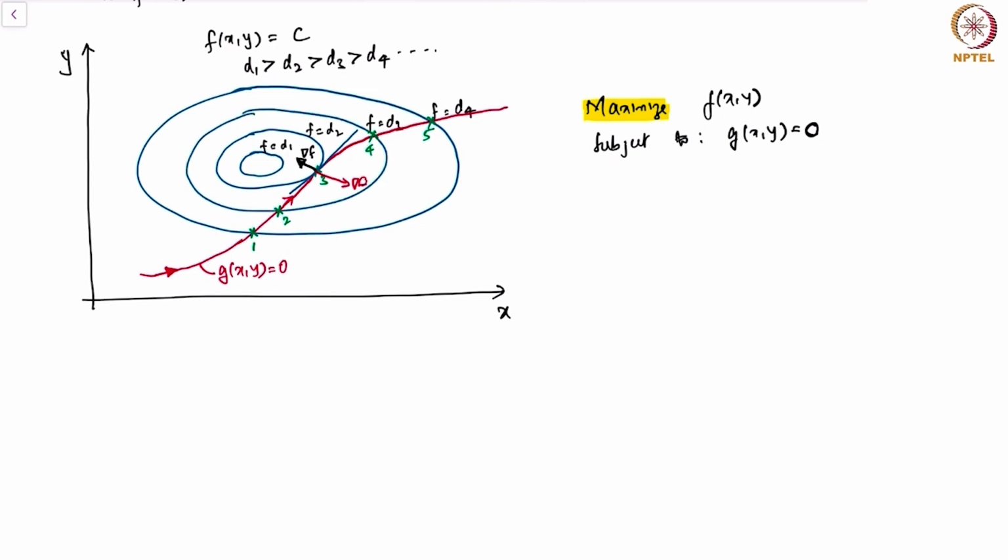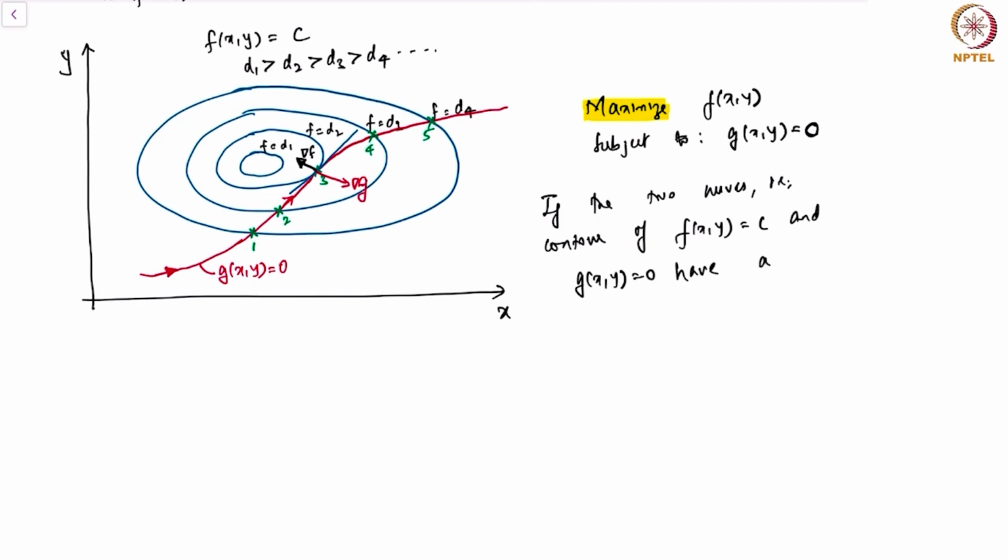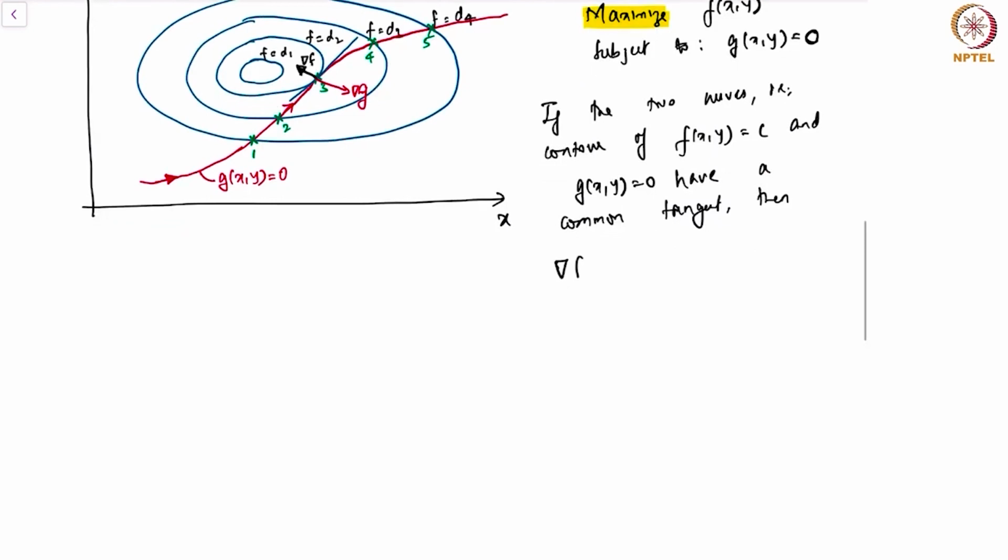So if the two curves touch each other, that is the contour of f of x comma y equal to c and the constraint g of x comma y equal to 0, and they have a common tangent, then the gradient of f, which is a vector, is related to the gradient of g with a constant lambda.